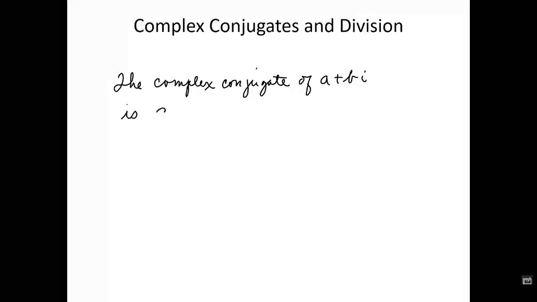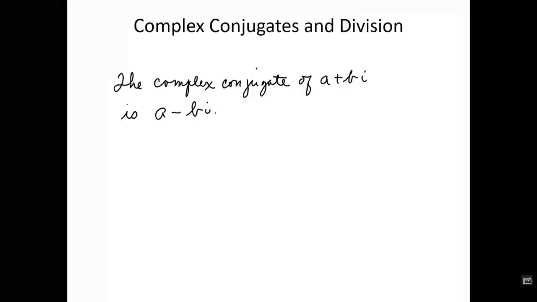The next idea is dealing with complex conjugates to divide by a complex number. So if we're dividing by a complex number, we will need to know what we mean by a complex conjugate. So the complex conjugate of a plus bi is a minus bi.